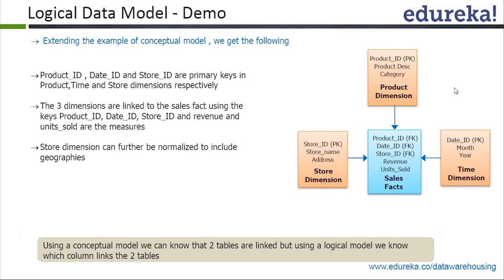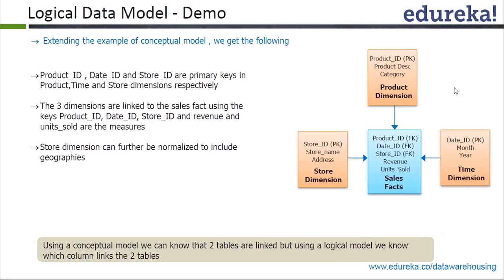This is an extension of the conceptual data model. It describes more about the different entities you have in your data model. It will define the relationship, what columns or attributes are involved within the entities, what attributes actually relate these two entities, what is the primary key, foreign key linkages.